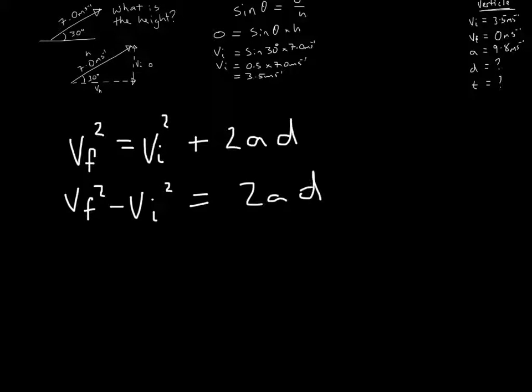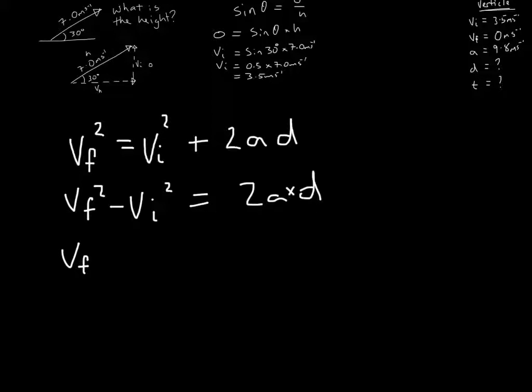Right? Cool. So I'm going to continue to move everything to the other side so that distance is by itself. What I'm going to do now is move away my 2A from the distance. It's multiplied to the distance at the moment, so when I move it to the other side it becomes division.